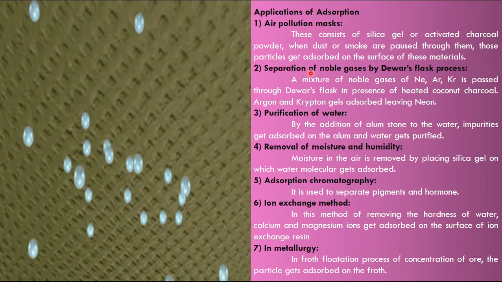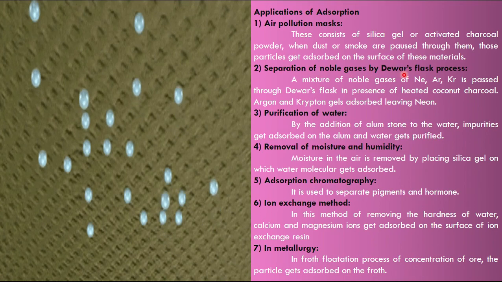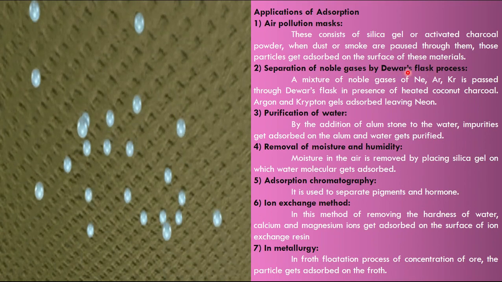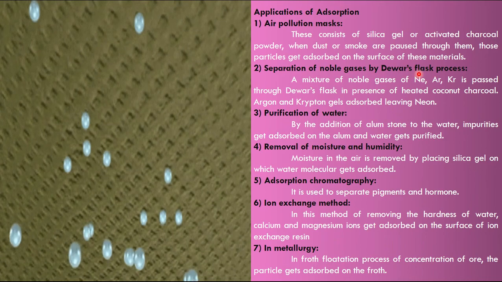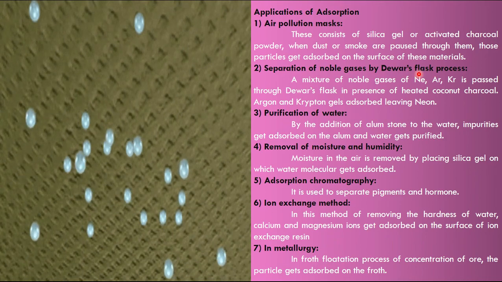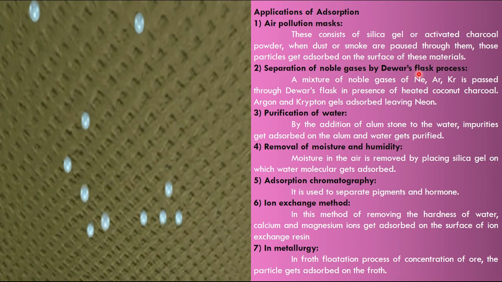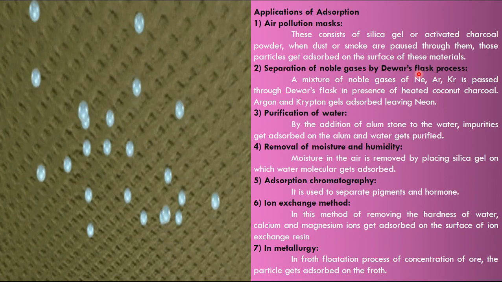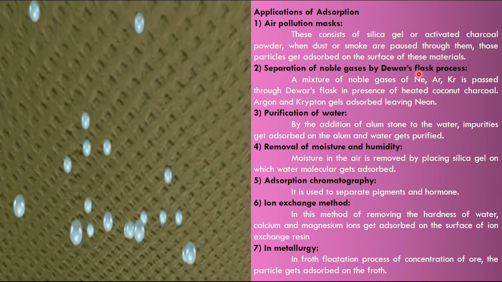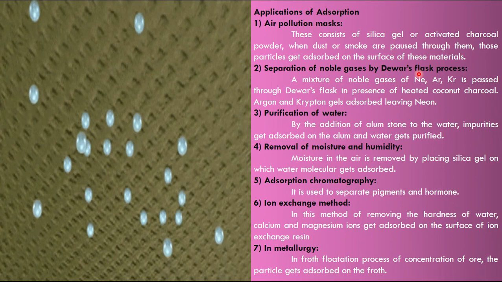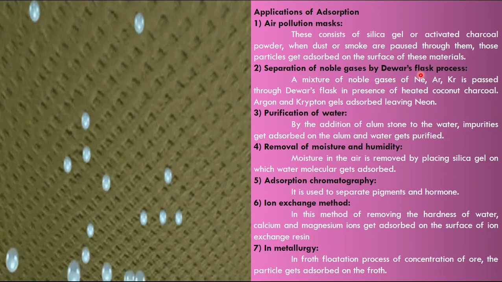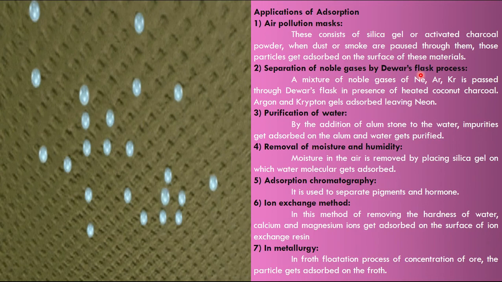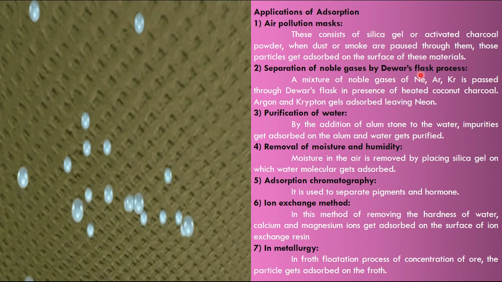It is also applicable for the separation of noble gases by Dewar's flask. Here, Dewar's flask is a vacuum flask which contains two flasks placed one within the other and joined at the neck. This Dewar's flask is most commonly used for the separation of noble gases based on adsorption.